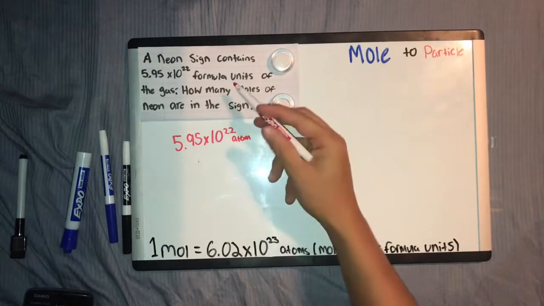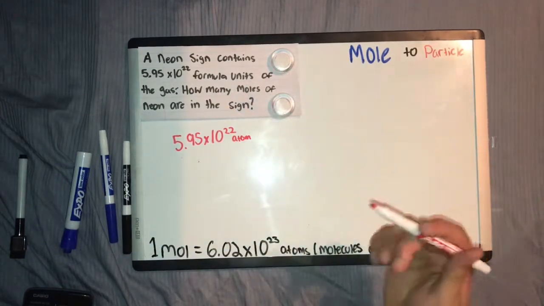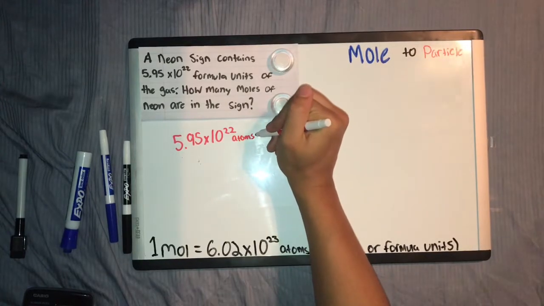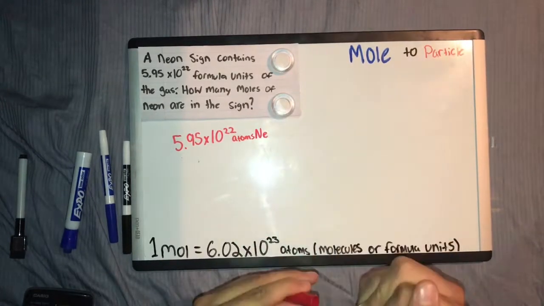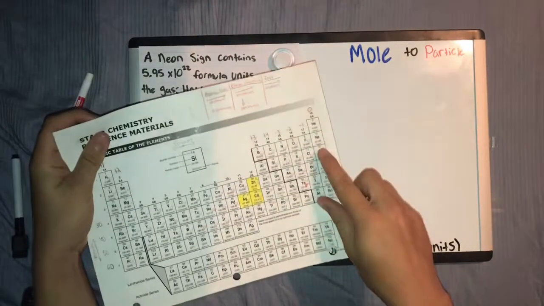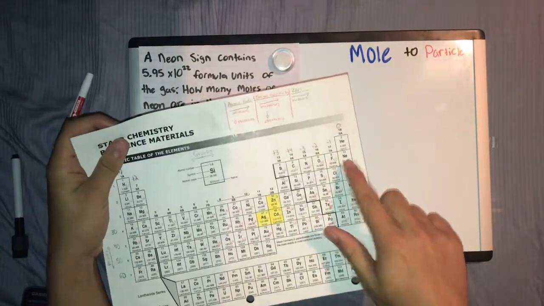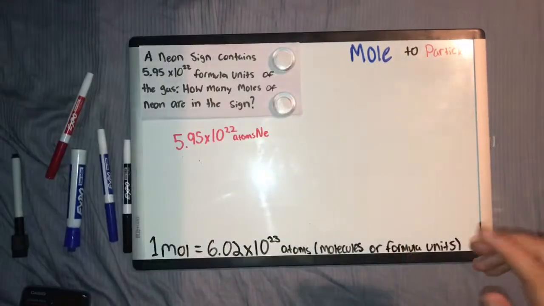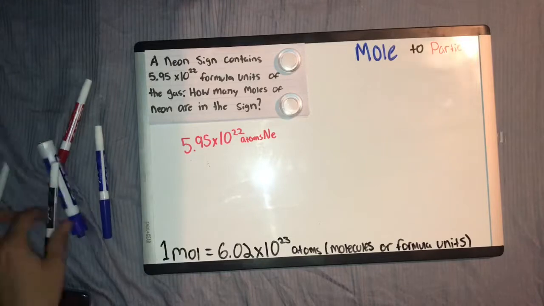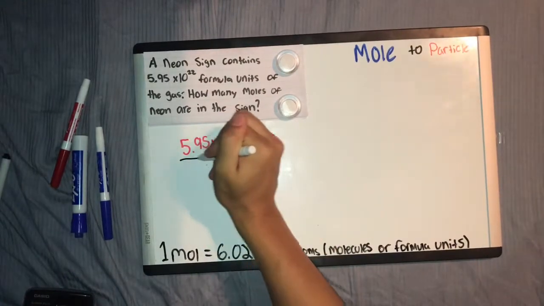You usually put formula units, but to save some space, I'm putting atoms. Atoms of neon. And if you're wondering where I get the Ne from, that's just the symbol of neon on the periodic table, number 10, Ne. Alright, and you're going to put that over 1. Always put your given over 1.